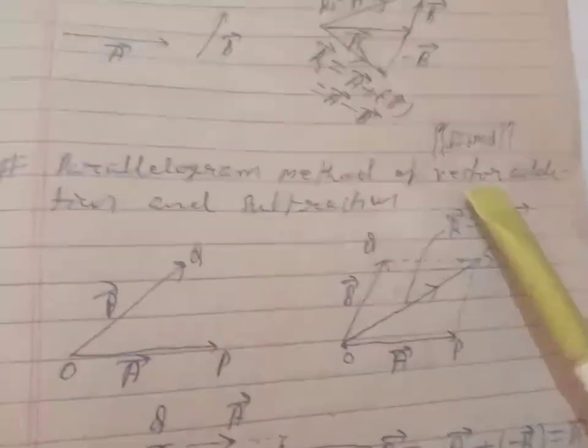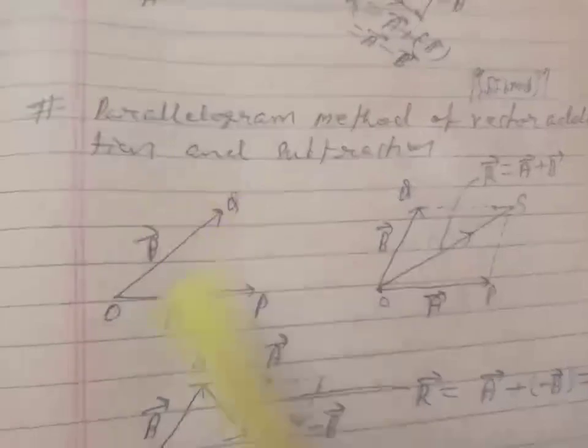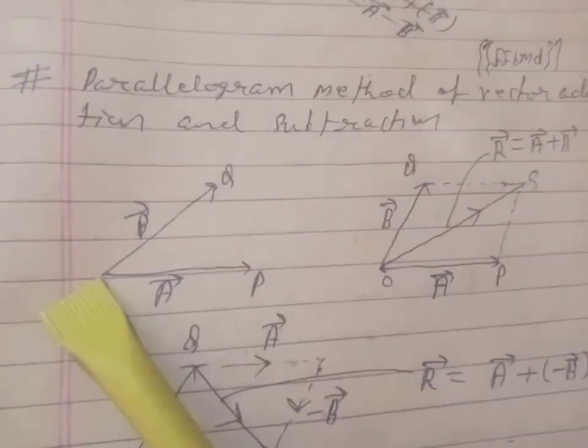Parallelogram method of vector addition and subtraction. Let two vectors, A vector and B vector, be joined at their tails. Now draw a parallelogram with the help of these two vectors, that is, we draw a line parallel to the B vector and a line parallel to the A vector.